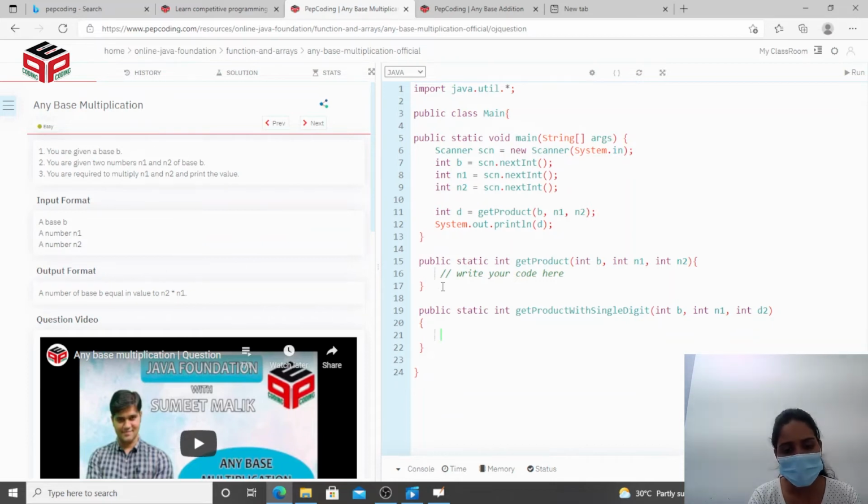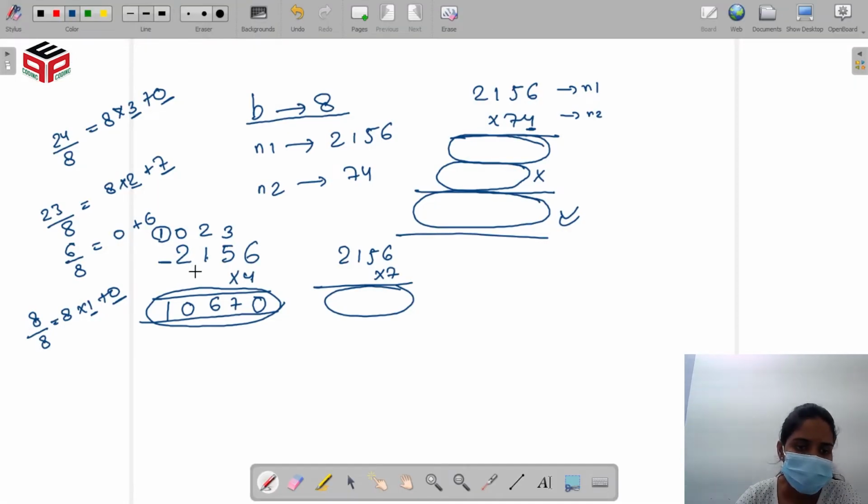So what do I have to do? I have to make a while loop: while n1 is greater than 0, because we are reducing n1, or carry is greater than 0. Why have I written this? See, in this case our n1 is 0, but we still have some carry.